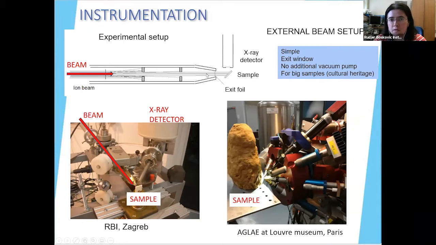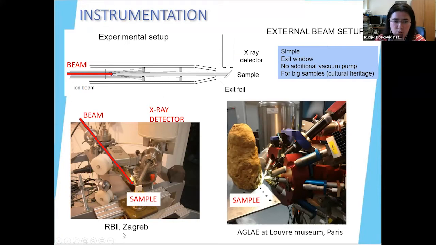So your protons will pass through this exit foil, reach the sample, and the emitted X-rays will be detected with an X-ray detector that is also placed in air. So these setups are quite simple to build. You don't have to have additional vacuum pipes, and as you can see, it's very useful for big samples.